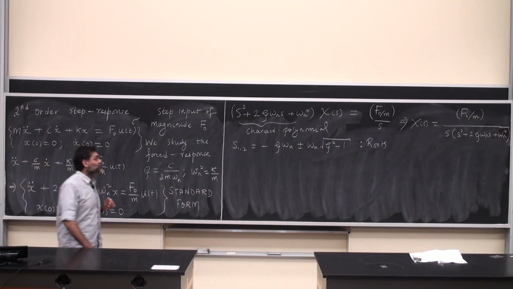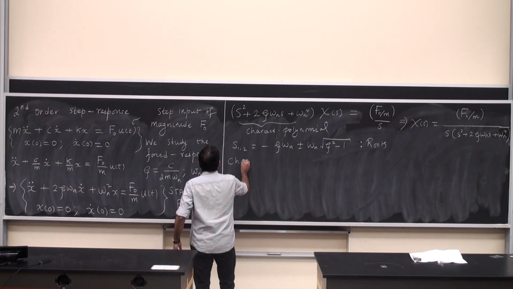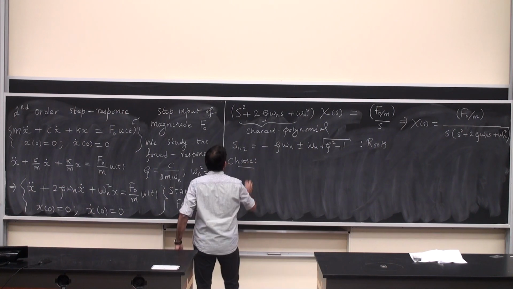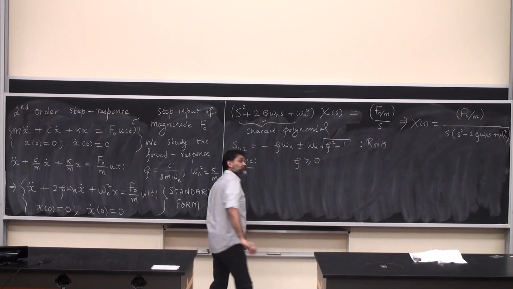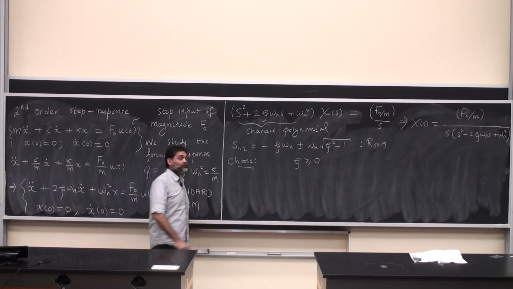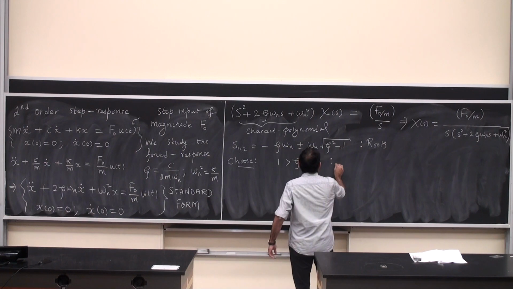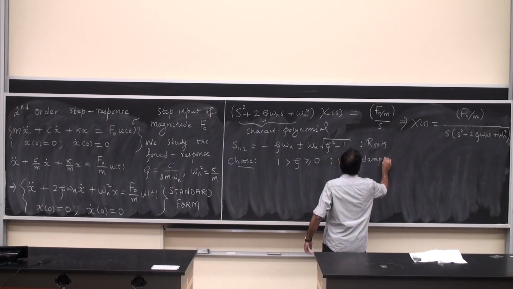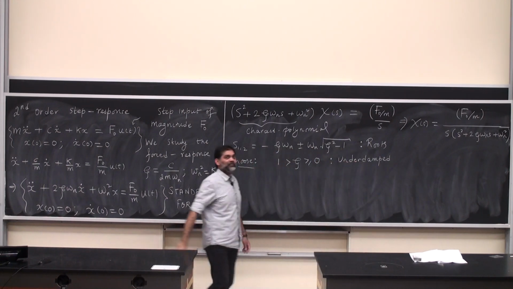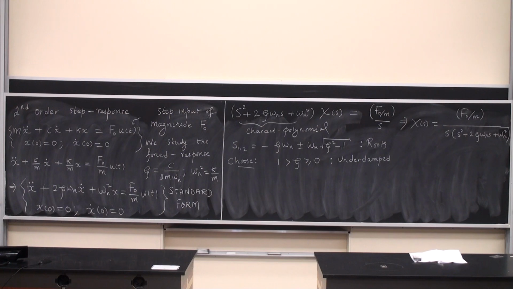Okay, so I'm going to study the behavior for zeta less than 1, so choose zeta positive, or at the worst case equal to 0, and less than 1. We expect underdamped behavior, which means we expect sines and cosines.